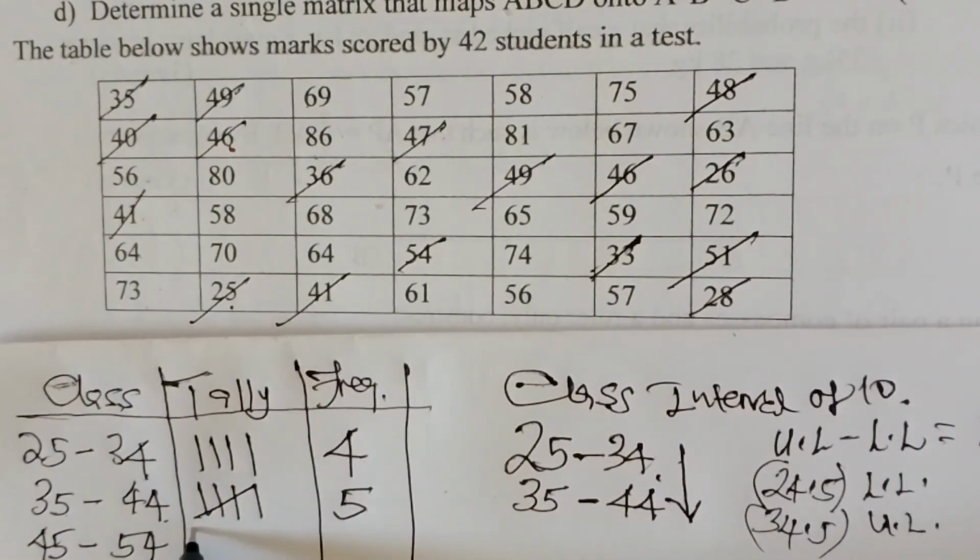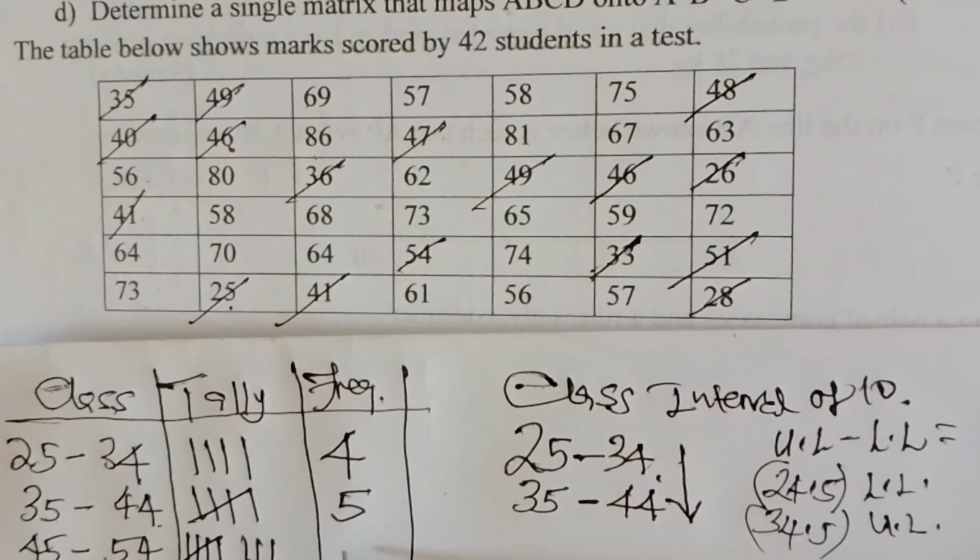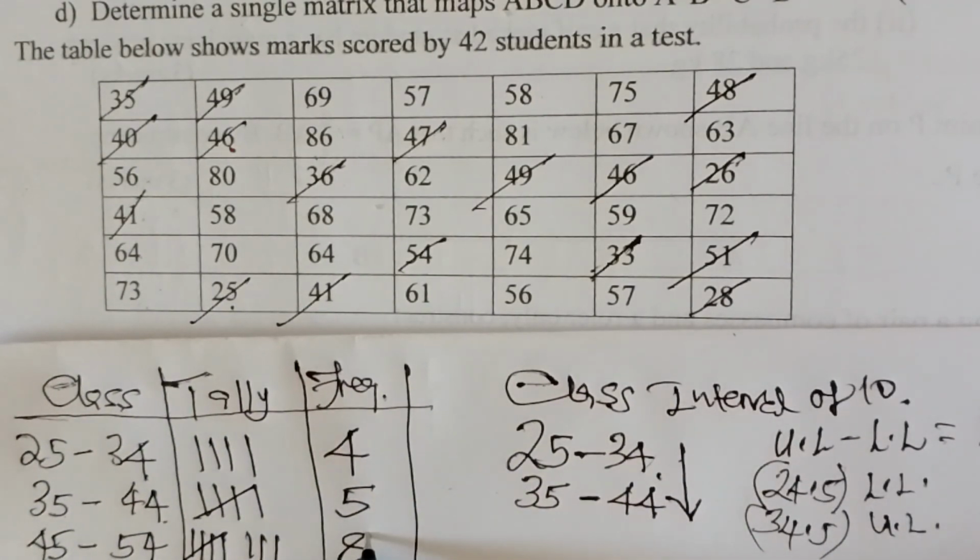So we come 1, 2, 3, 4, 5, 1, 2, 3. And here we write 8.